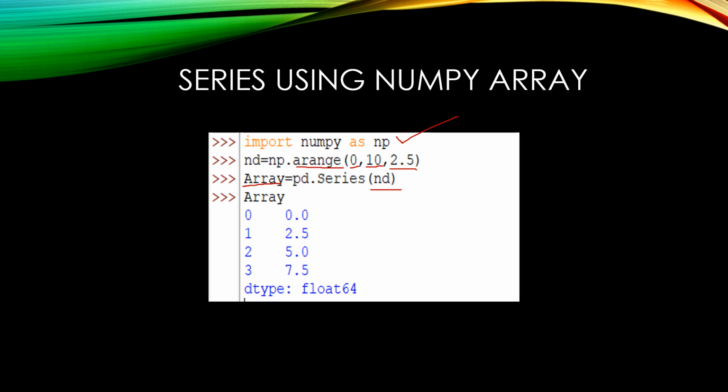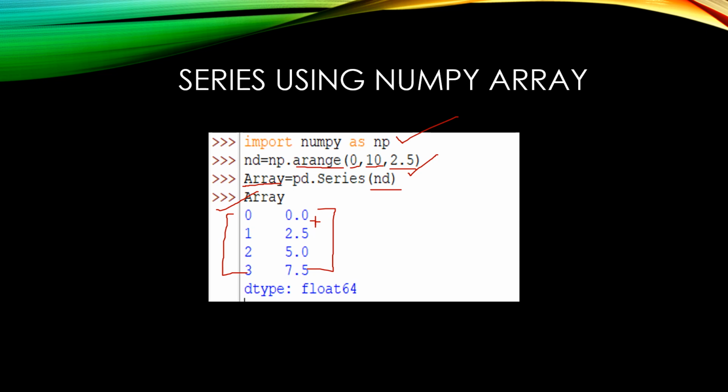As we print array, the output shows the indexing which is implicitly given automatically by Python, that is 0, 1, 2, 3. The values here are in float because the step value is a float. So to maintain homogeneous data, all values are shown as float, starting from 0.0, then plus 2.5, then plus 2.5, going till 7.5.